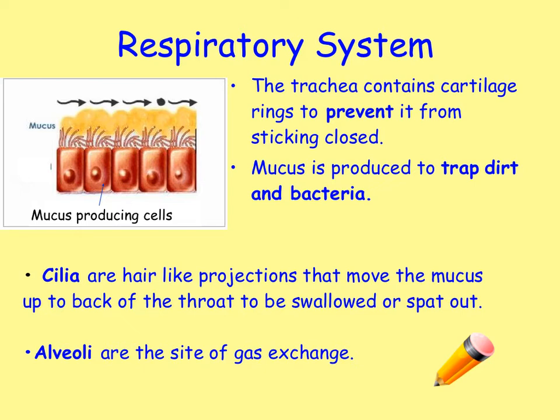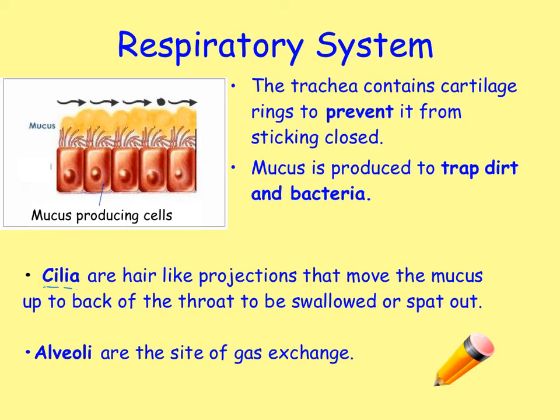And as well as that, on the cells there are these cilia. Here you can see these hair-like projections on this diagram. These hair-like projections move and sweep the mucus, with the trapped dirt or bacteria in it, up to the back of the throat, where it's then swallowed or, if you're disgusting, spat out.